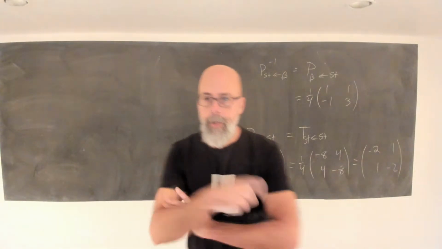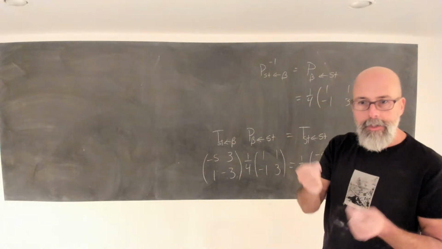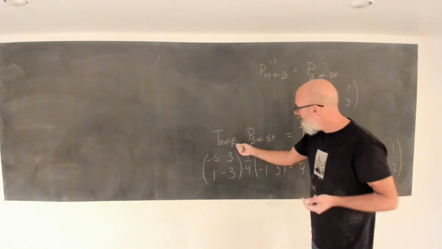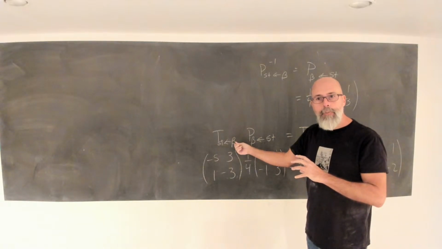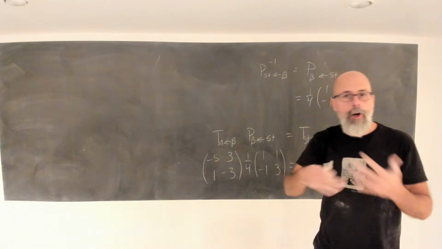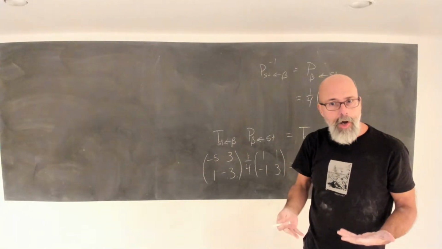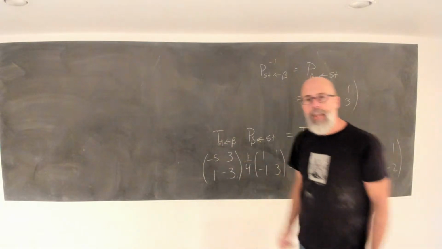So the matrix T is doing two things exactly. It's acting on vectors. In this case, it's taking vectors in a basis B, acting on it, I've rubbed it off now, but acting on it as the linear transformation does, and spitting out the answer in the standard basis.